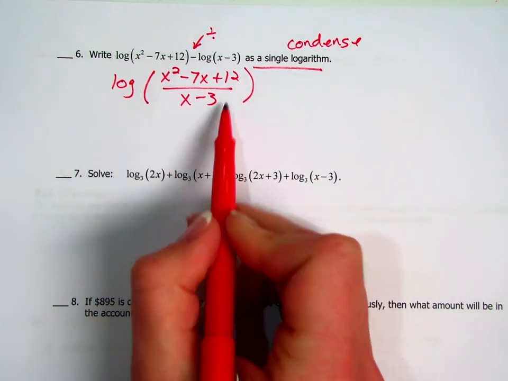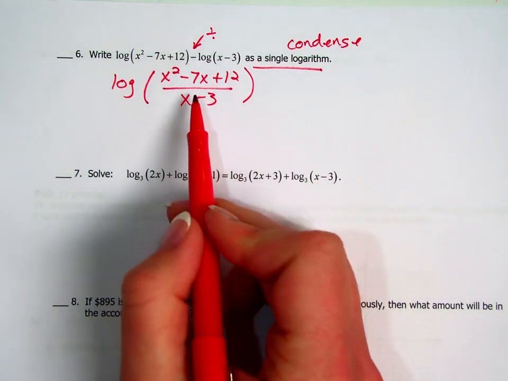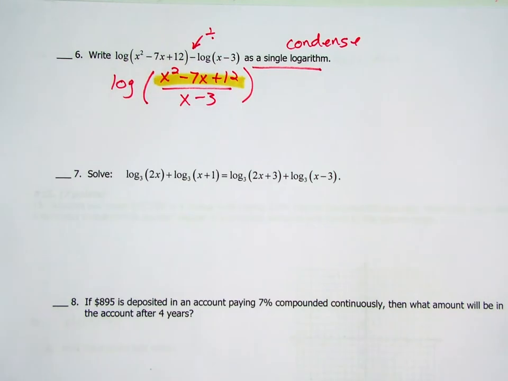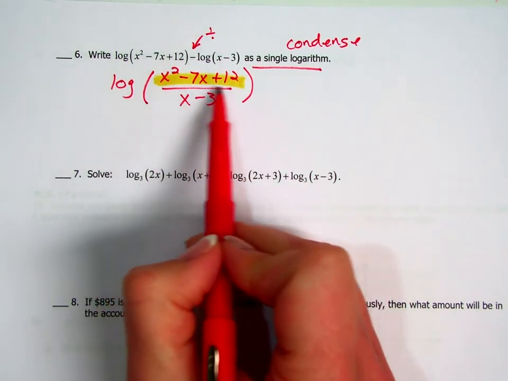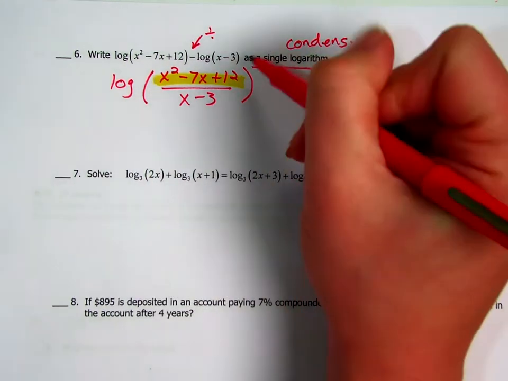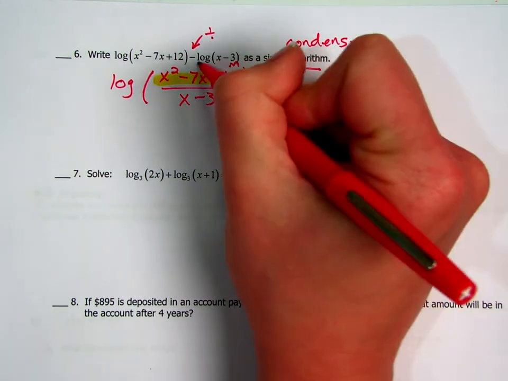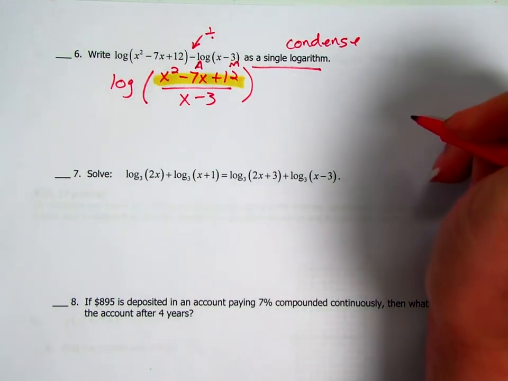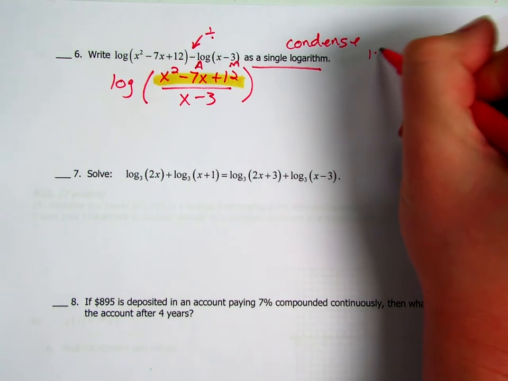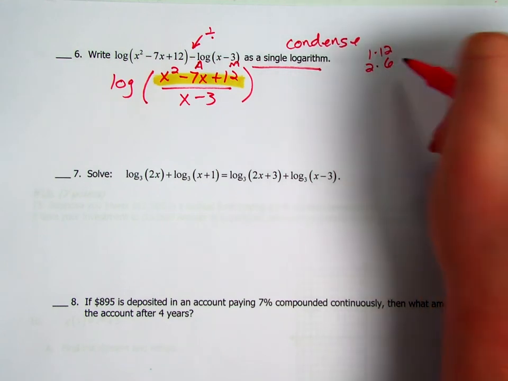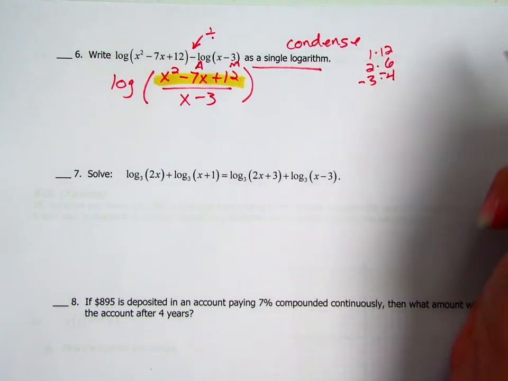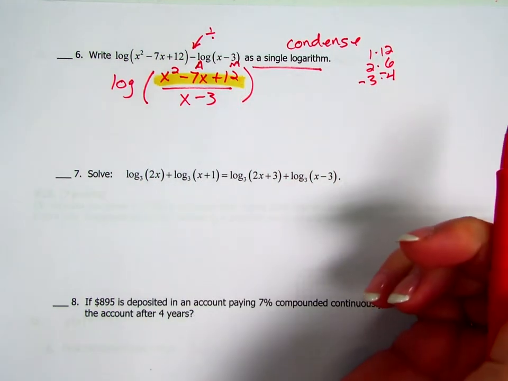Now this is as condensed as we think it can get, but we need to simplify this if we can, which means we need to factor this top one in order to simplify. So since there is no GCF and my first term is 1, all I have to think about is what multiplies to the last, which is 12, and adds to the middle, which is negative 7. So 12 is 1 and 12, 2 and 6, 3 and 4, and if I make both 3 and 4 negative, that would give me a positive 12 and add to negative 7.